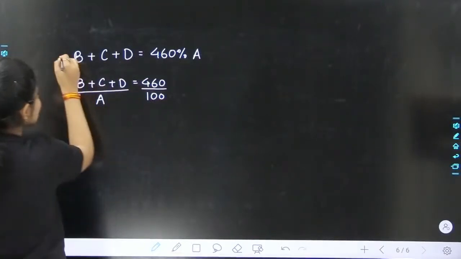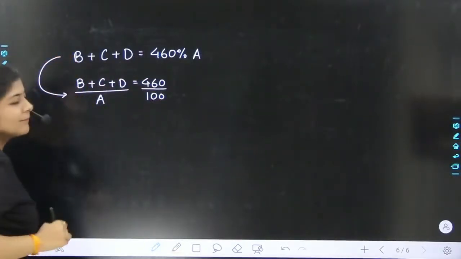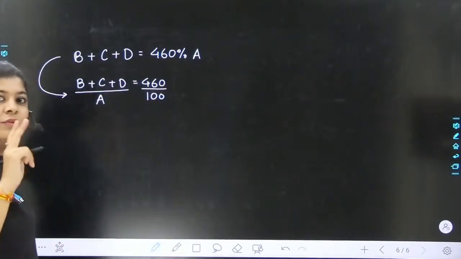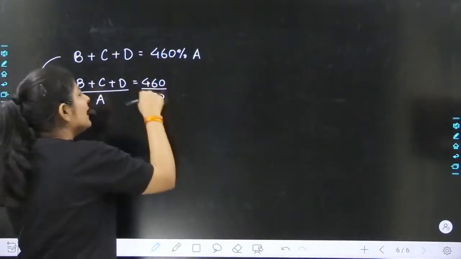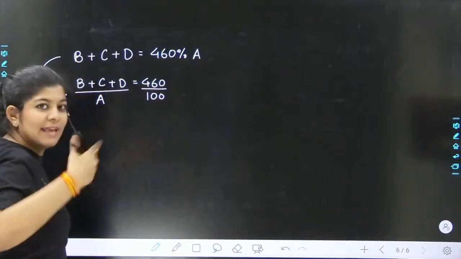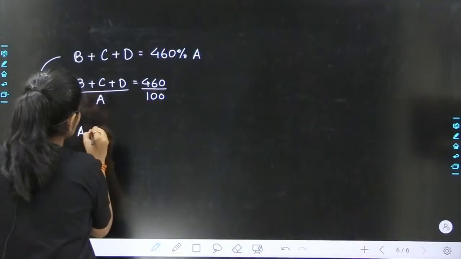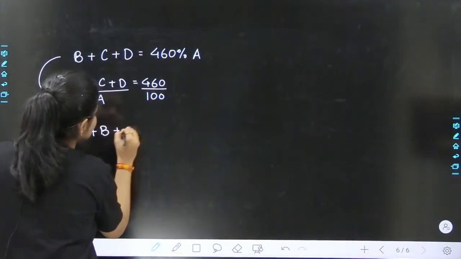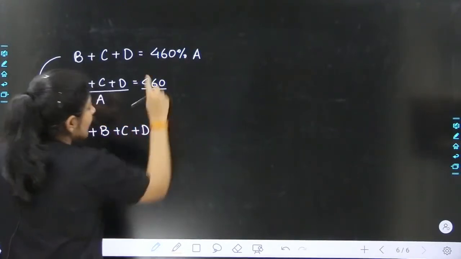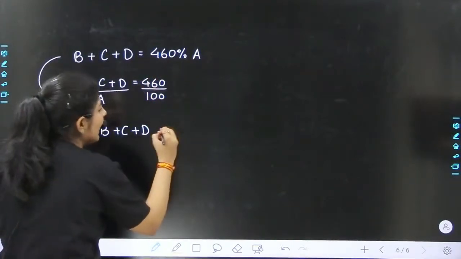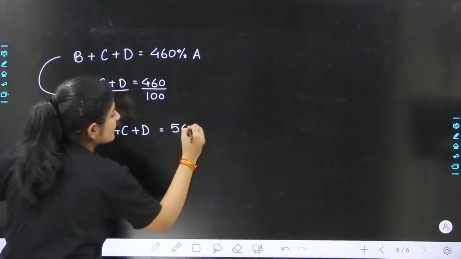I can write this equation like this, right? Now we have two options. I either eliminate this and then add it, or I can directly add it. If I add all these values, A plus B plus C plus D, if I add both these values, I'll get 560 as my answer.